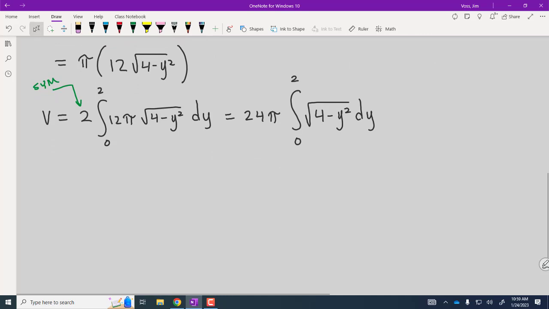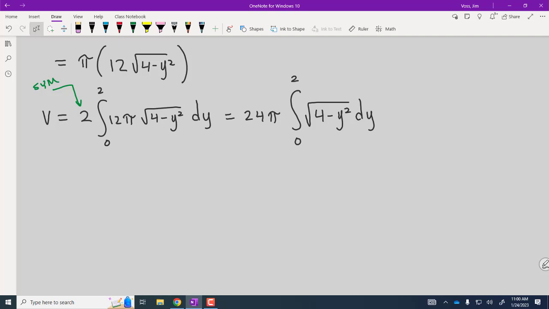That is not integrable by you until we learn a technique called trigonometric substitution. But we are able to evaluate it using geometry.